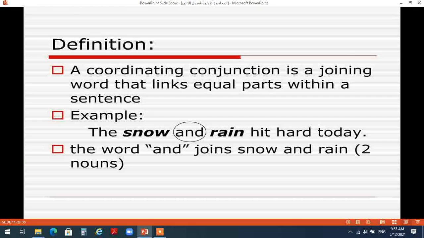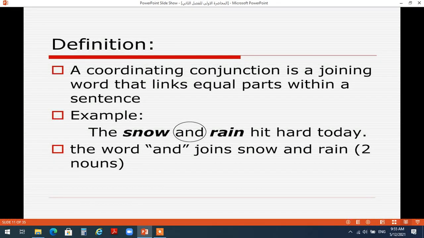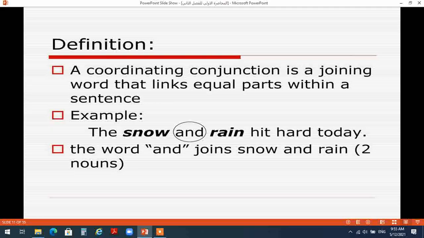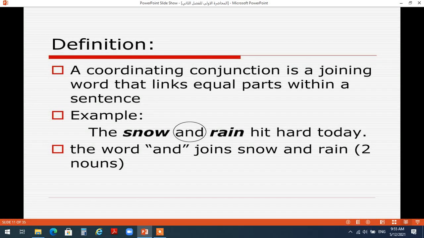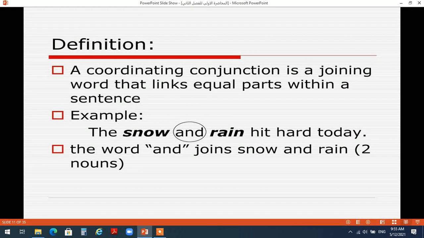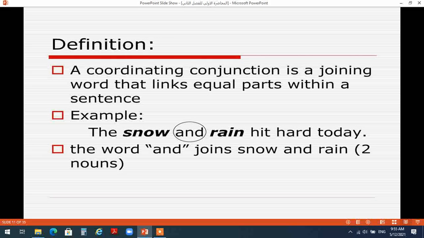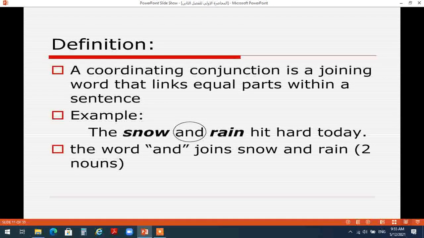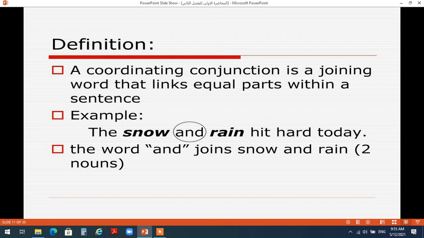So, as a definition, we can say that a coordinating conjunction is a joining word that links equal parts within a sentence. إذا نريد نعرف coordinating conjunction أو أداة الربط التناسقية هي عبارة عن أداة لربط أجزاء تكون هذه الأجزاء متساوية من حيث الأهمية في داخل الجملة.